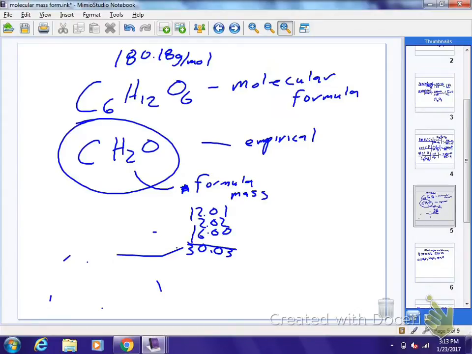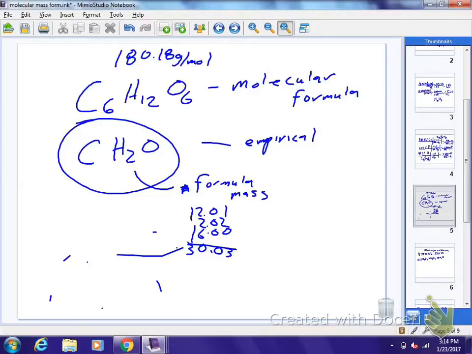It means it has 6 times the number of carbons, hydrogens, and oxygens. So that weight's 6 times bigger, 6 times the carbon, 6 times the hydrogen, 6 times the oxygen. That's the actual formula.